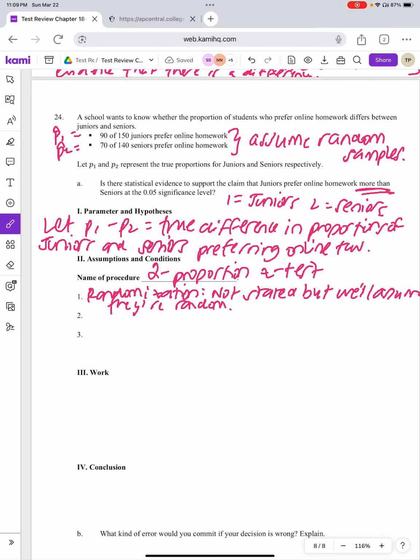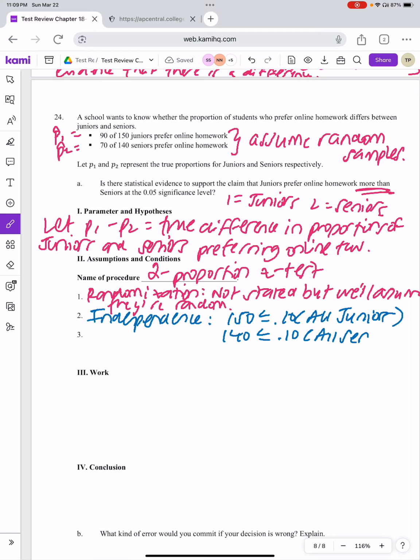Number 2, independence. You have to check independence for both samples like before. You need to make sure that 150 is less than 10% of all juniors, and 140 is less than 10% of all seniors.